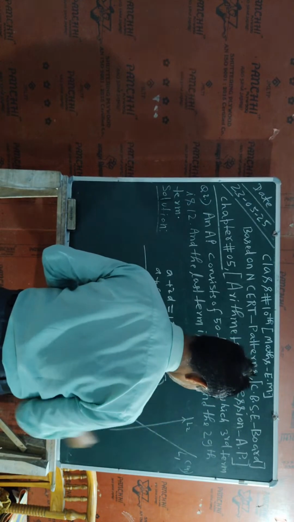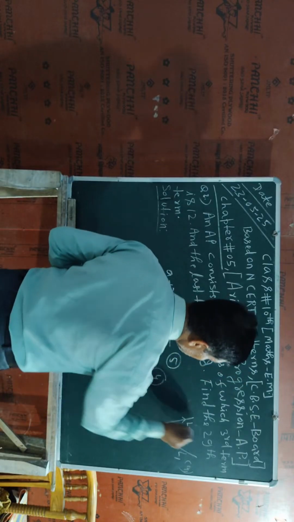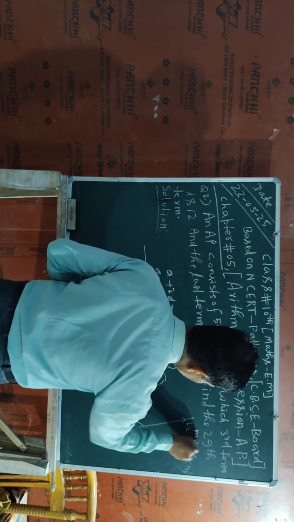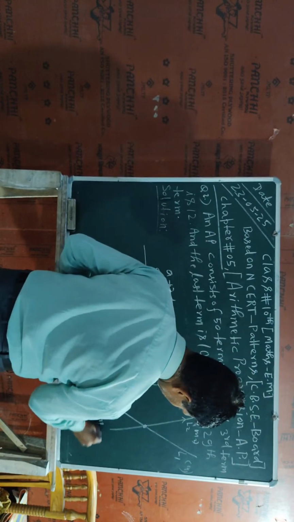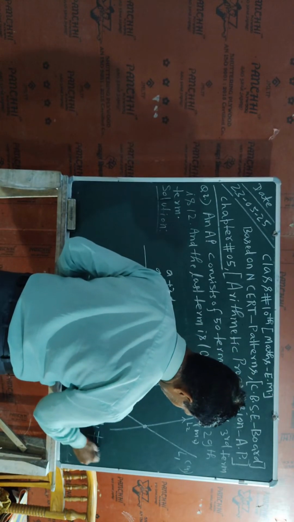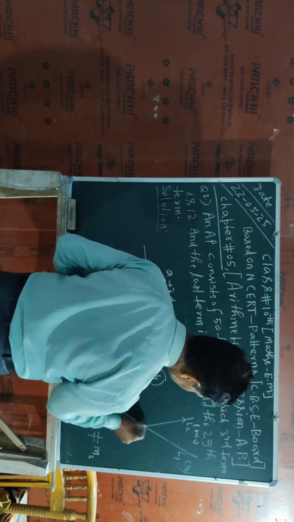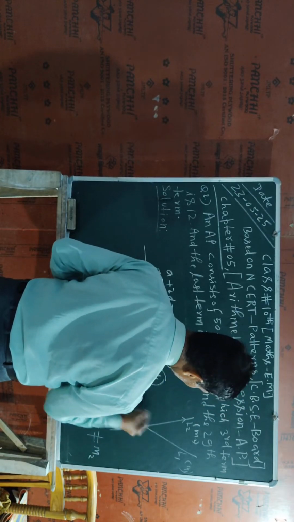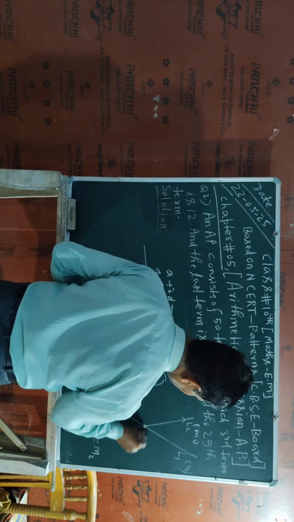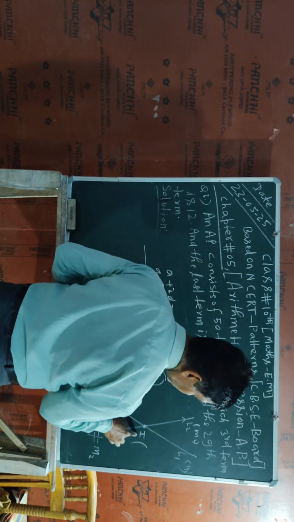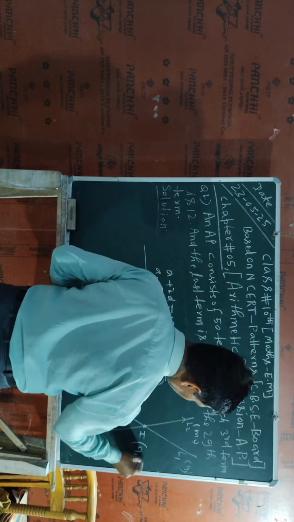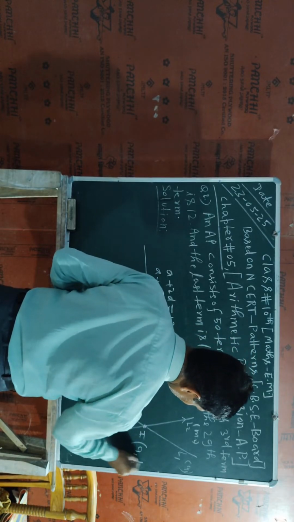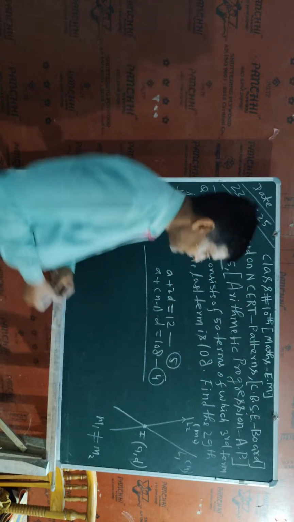In this case both slopes are not equal to each other. It means that both lines are intersecting at a point, and that point of intersection has coordinates a comma d. So we have to find the value of a and d.